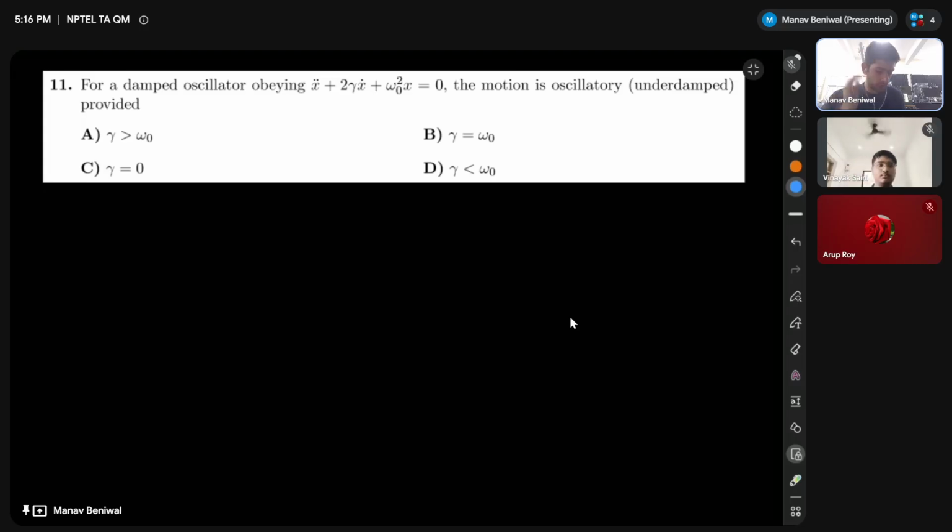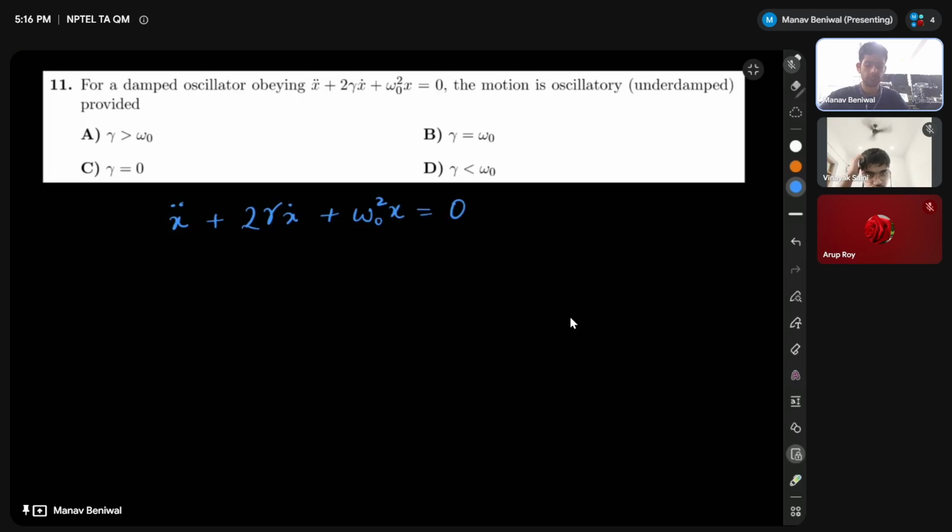Okay, so we are given the equation that a damped oscillator obeys: x double dot plus 2 gamma x dot plus omega naught squared x equals 0.